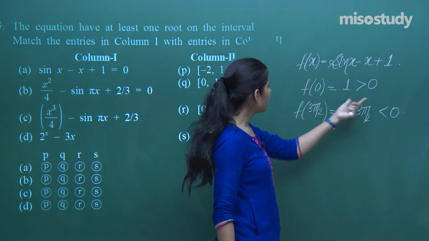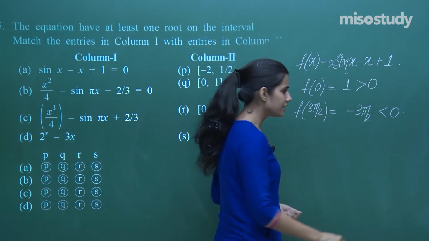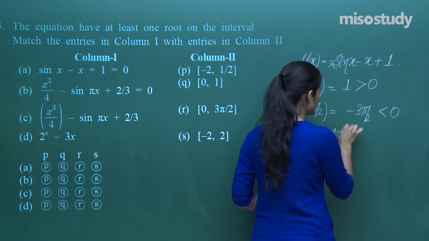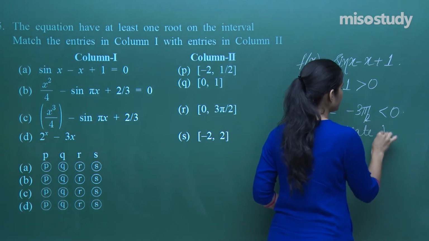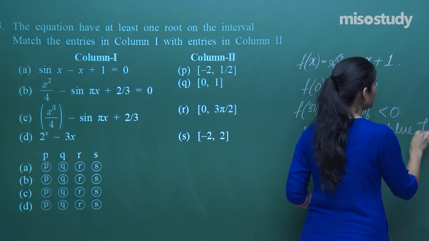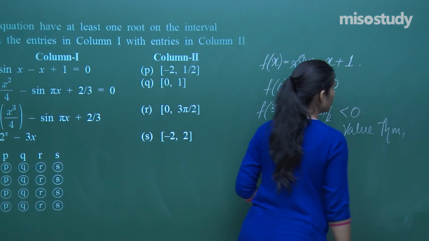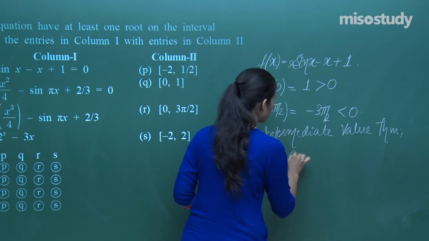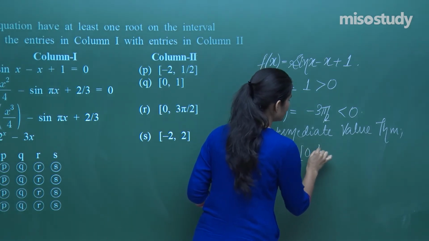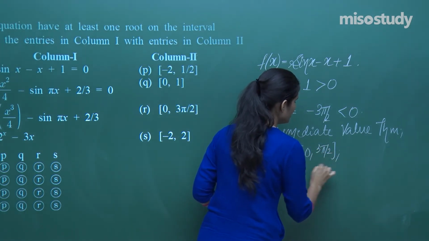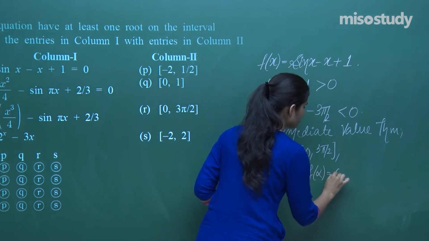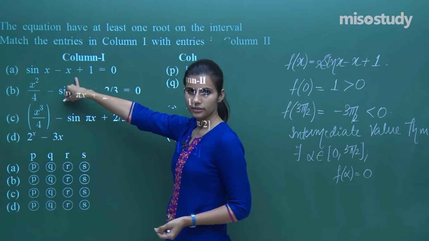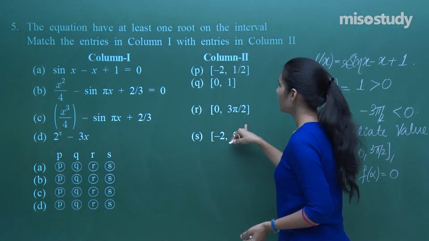If f of 0 is positive and f of 3 pi by 2 is negative, by intermediate value theorem there exists some alpha belonging to 0 to 3 pi by 2 such that f of alpha is 0. That means yes, there is a root of this function in 0 comma 3 pi by 2.